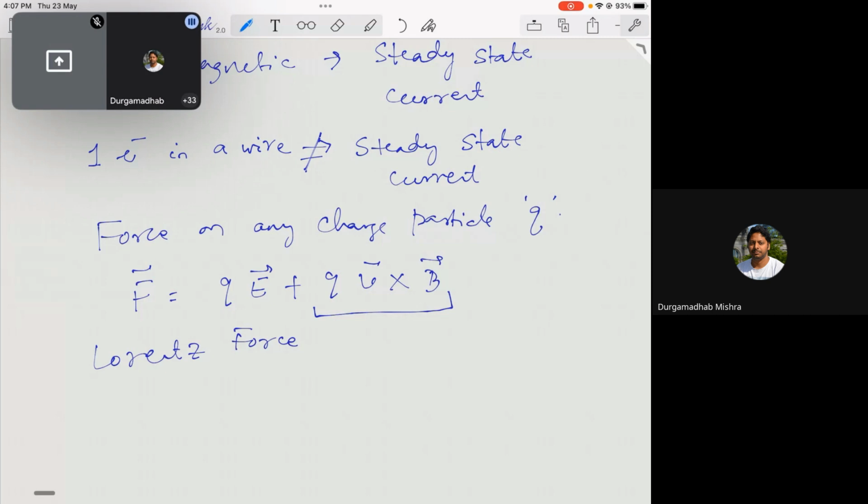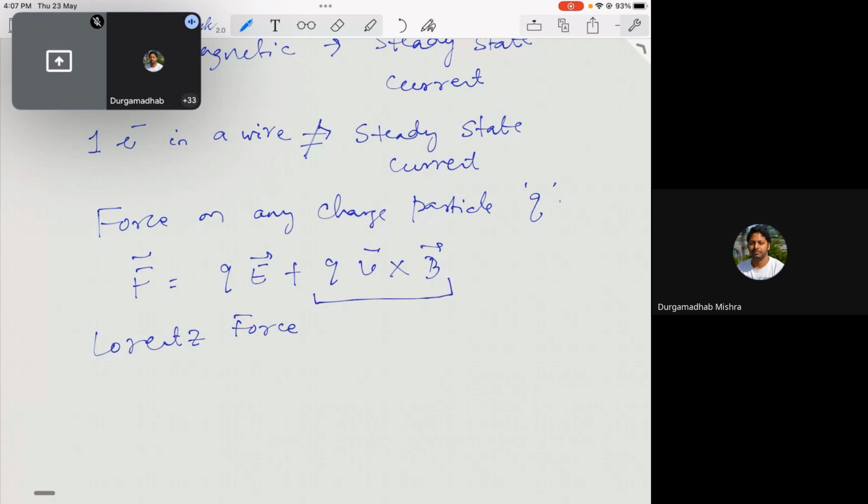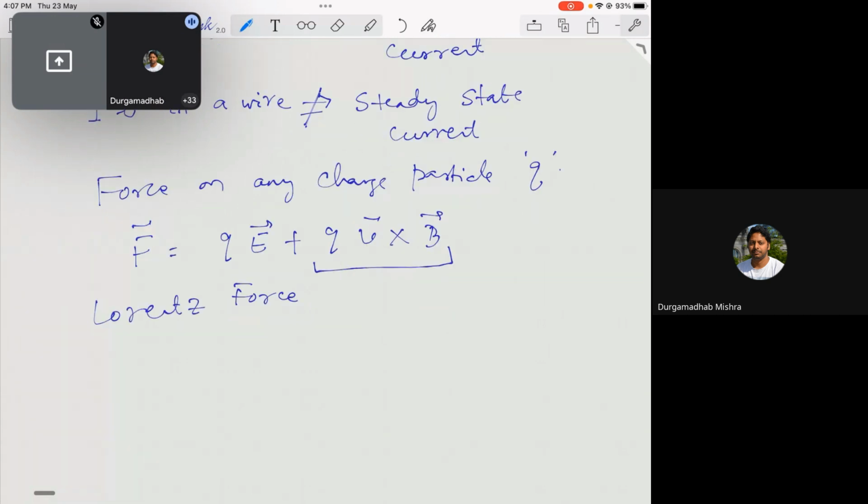And the consequence, which you are familiar with, is that if you move a charged particle in a magnetic field, this is not going to do any work. Why? You can calculate the work done due to the magnetic force alone, which is QV cross B dot dl.